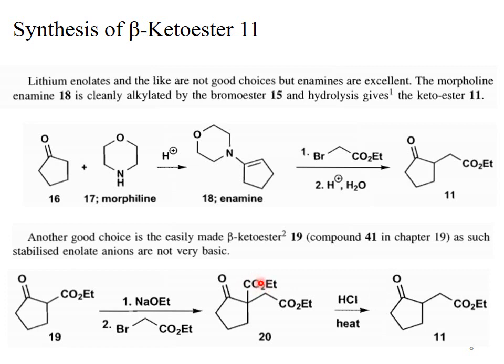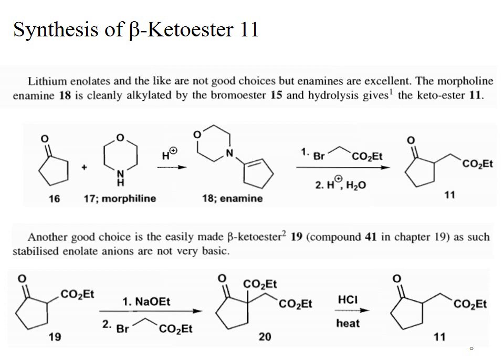When it is treated with sodium ethoxide, it abstracts the acidic proton from the alpha carbon and converts it into enolate, and that enolate attacks at this carbon, the compound 2, and the bromine leaves as a leaving group, and it affords compound 20.